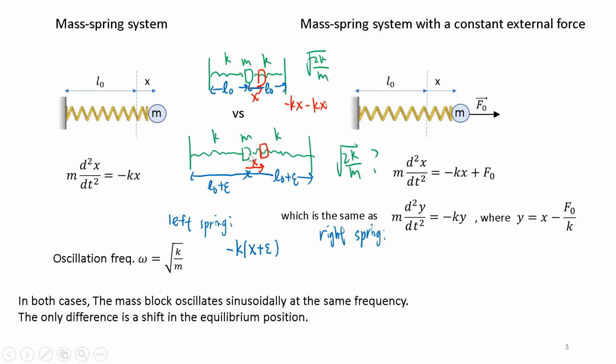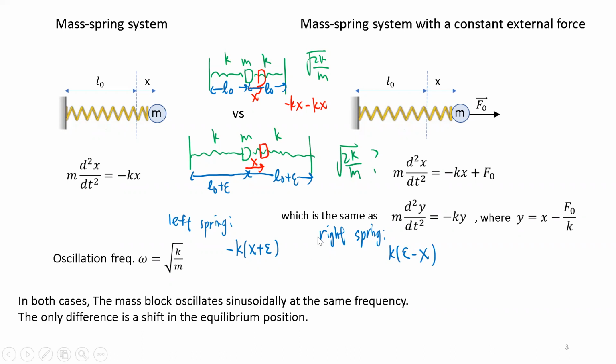Now you move it to the right by an amount x, so the stretching would be epsilon minus x in that case. The force that you have would be k times epsilon minus x.